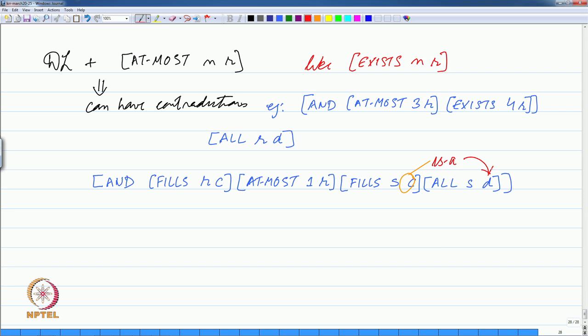Why? Because all S's are D and C fills that role S. So, once we know that C is a D, we also know that C fills R here, and we know that C is the only element which fills R. Therefore, this concept describes a concept in which all R fillers are from the class D.